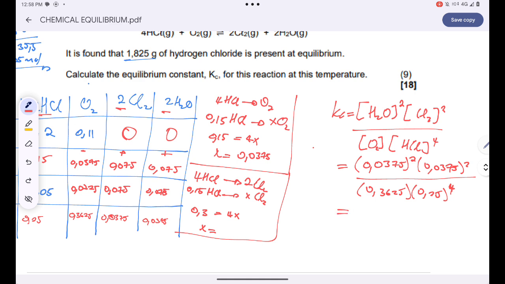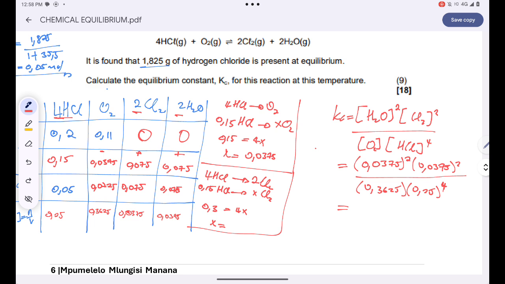So the answer over there is just 0.0375 squared multiplied by 0.0375 squared, all over 0.3625 multiplied by 0.25 all raised to the power 4.